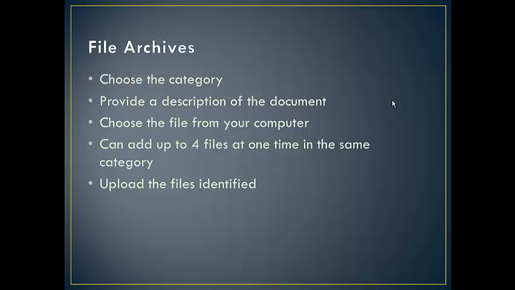You'll pick ESF3 as your category and list your documents. You can upload up to 4 files at one time into one ESF, and just put the titles in the bar for the description of those. And then click Upload.